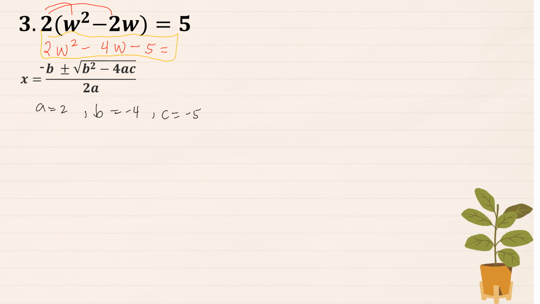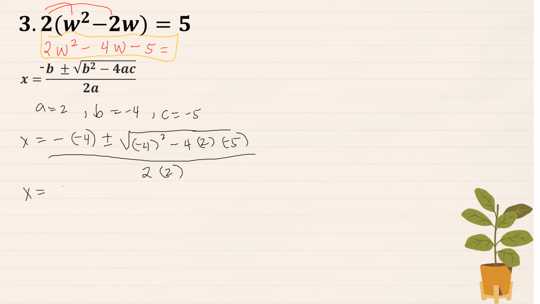Okay, so therefore, let us now substitute to the formula. X is equal to negative, and then our b is negative 4, and then plus minus the square root of negative 4 squared minus 4, our a is 2, and our c is negative 5, thus over 2 times 2.